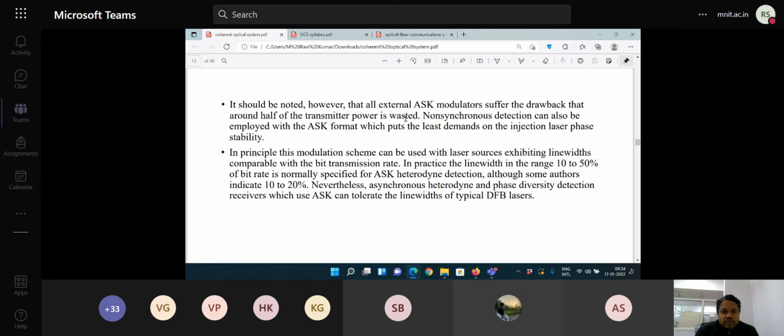So this modulation scheme can be used with laser sources exhibiting line widths comparable with the bit transmission rate. In practice, the line width is in the range of 10 to 15% of bit rate for ASK heterodyne detection, but some use even lower line widths.